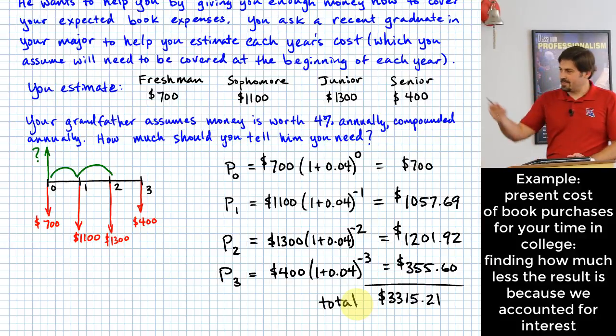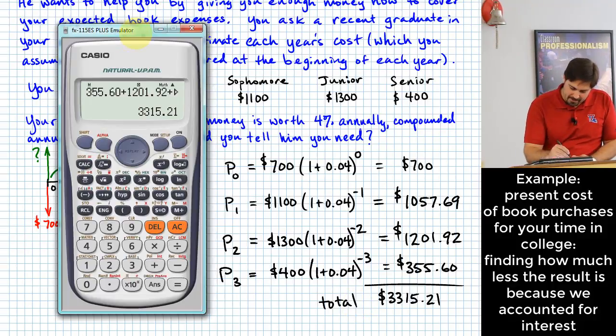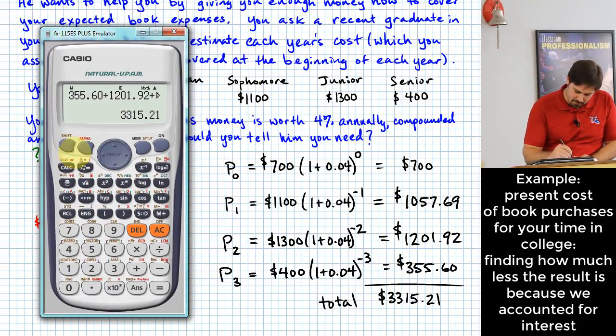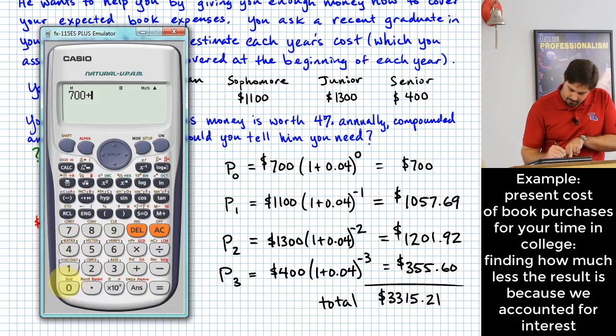Okay. Did you say you calculated that? We'll figure that out real quick. So it would have been 700. Let me actually store this real quick. I'll store it into variable A, and then we'll say here we got 700 plus 1100 plus 1300 plus 400.